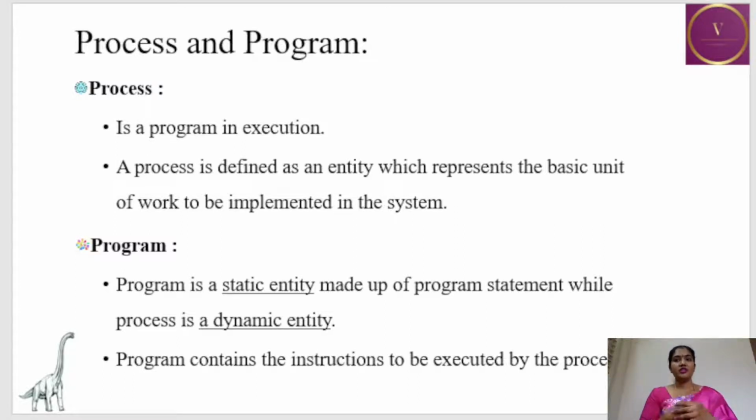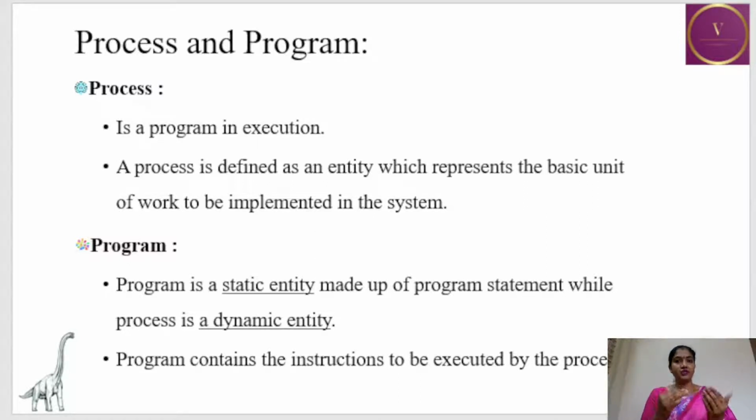A process is defined as an entity which represents the basic unit of work to be implemented in the system, whereas a program is a static entity made up of program statements, while a process is a dynamic entity.